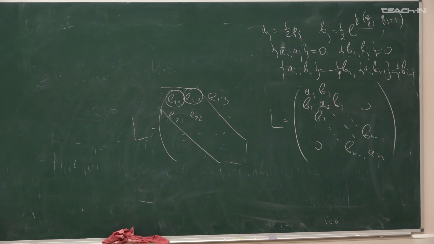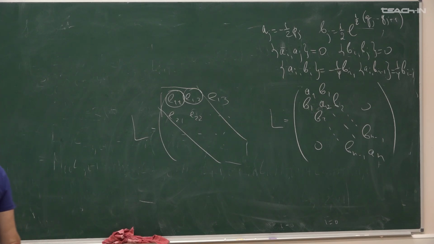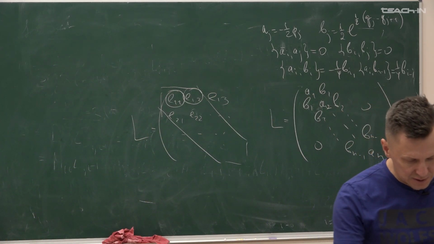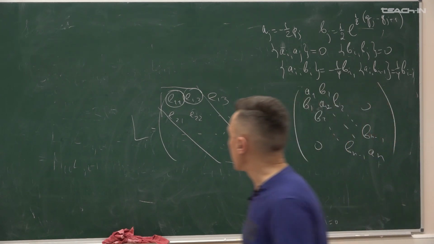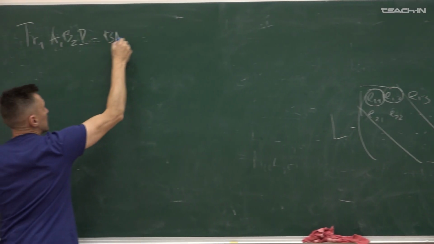But now for the remaining 10 minutes I propose to you to make exercises for the next homework: to prove the formula that trace of A1 B2 P is equal to BA.